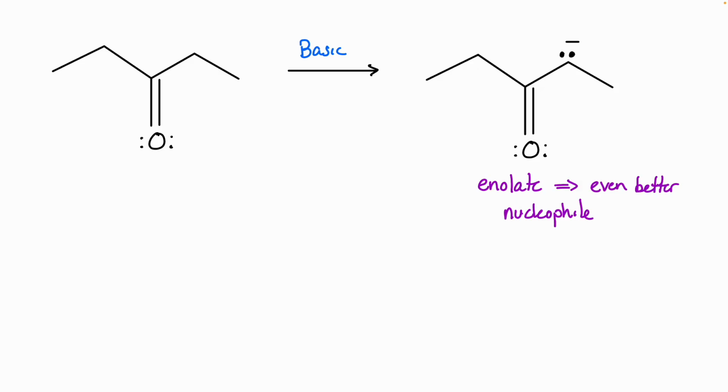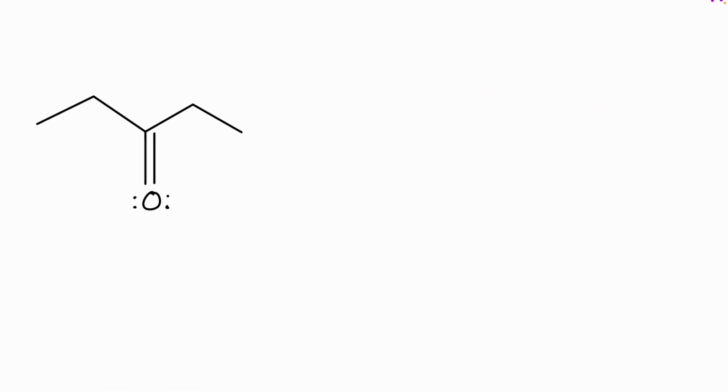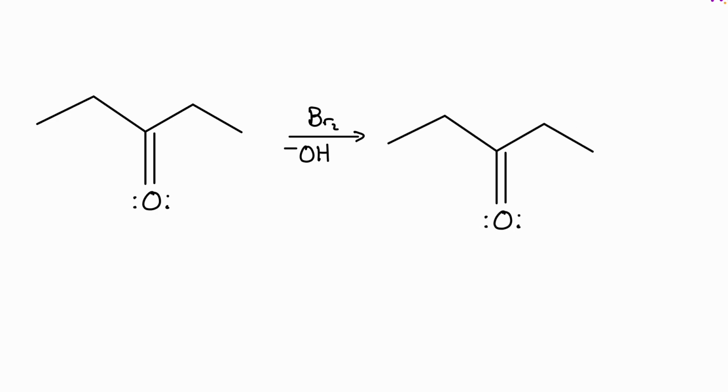All right, so if we take our ketone and we put it in the presence of our halogen under basic conditions, we will brominate, halogenate that alpha carbon.